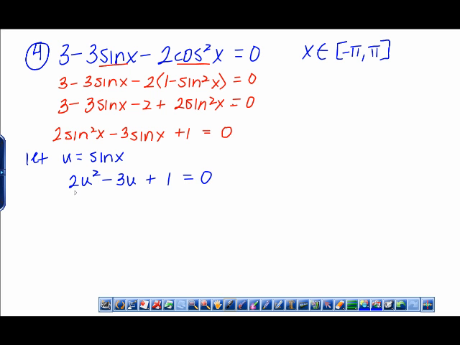Okay, so now hopefully you guys could factor directly into this, but I know factoring is not a strong suit. So I'm going to actually review the grouping method because I know that that will hopefully ring a bell. And so you go 2 times 1, that's 2. And the factors of 2 that would add up to -3 would actually be -1 and -2.